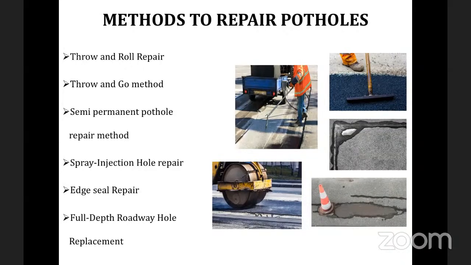After the edge seal is done, the patch will be left for drying for 1 day. So they will not allow the opening of traffic. Once the patch is done, a layer of cover aggregate will be placed with the tack material to prevent tracking. So next, after the edge seal repair, comes the full depth roadway hole replacement.